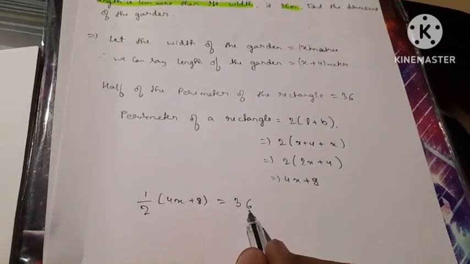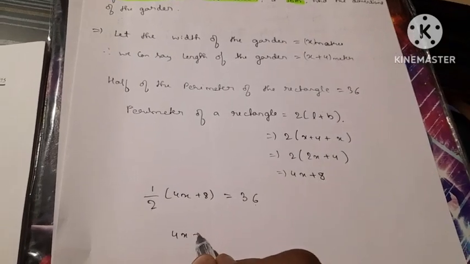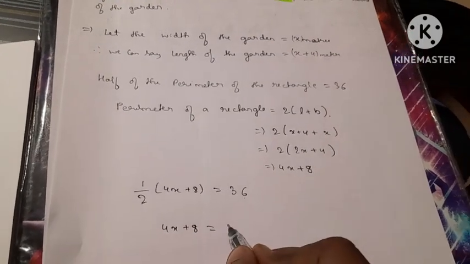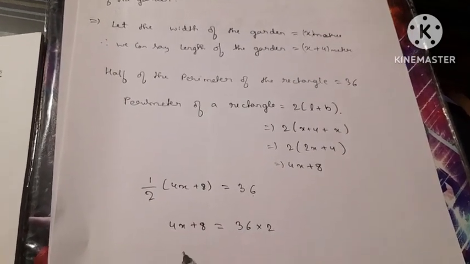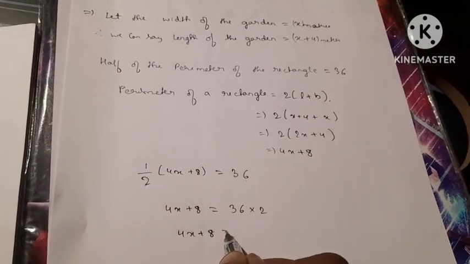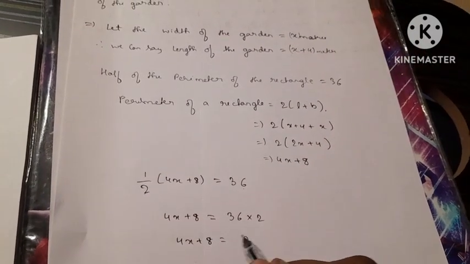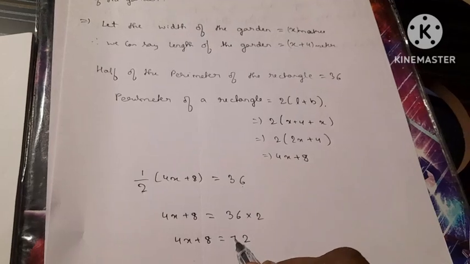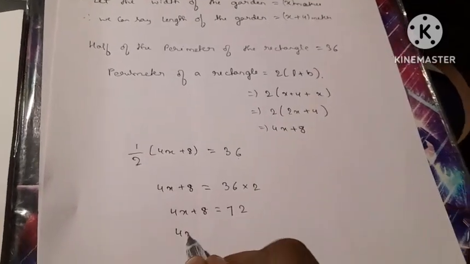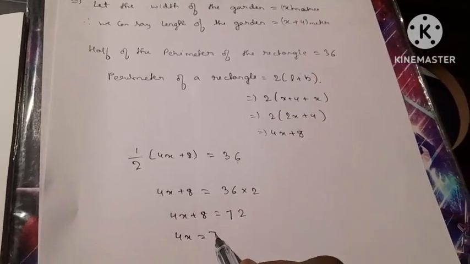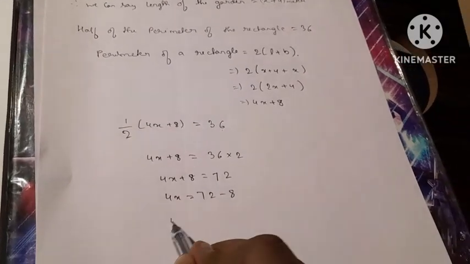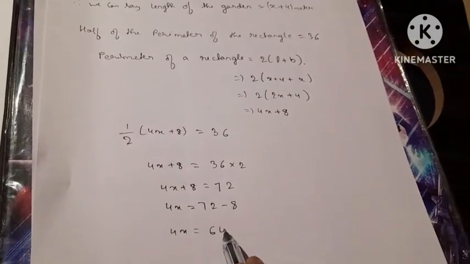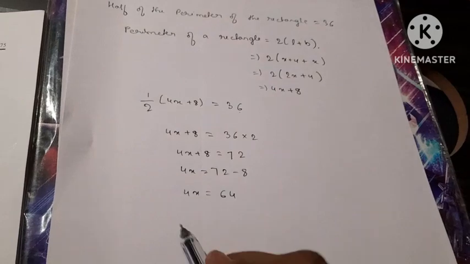We will just send the 2 here. 4x plus 8 is equal to 36 into 2, so we get 72. So 4x is equal to 72 minus 8, so 4x equal to 64. 72 minus 8 is 64.